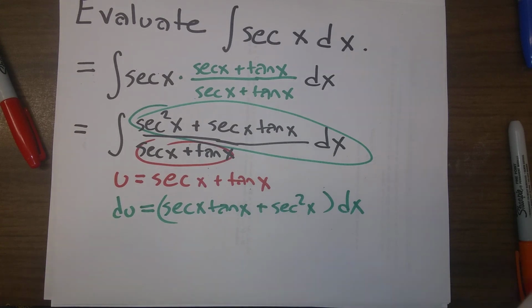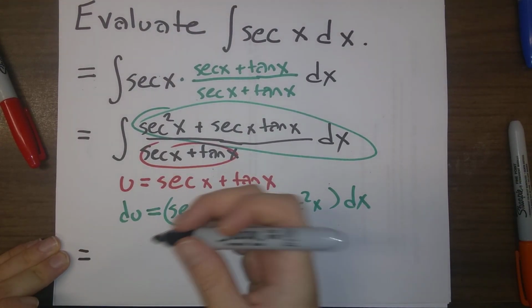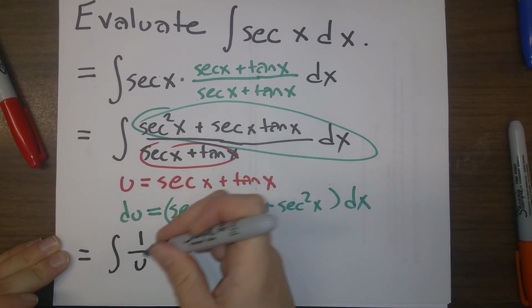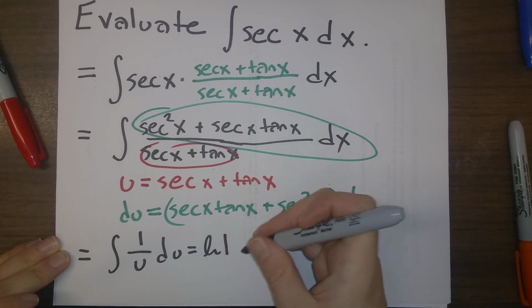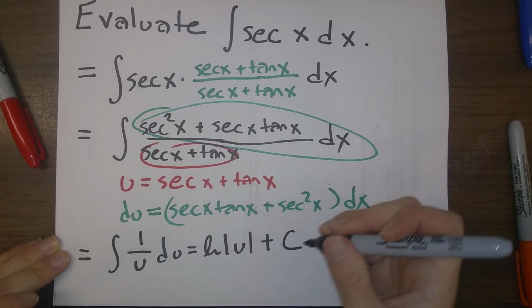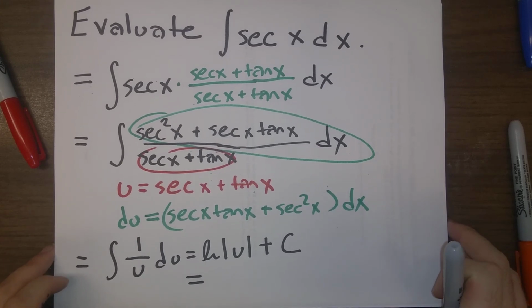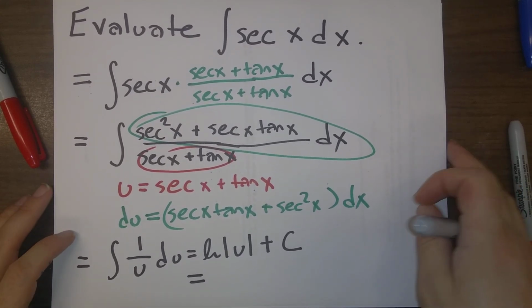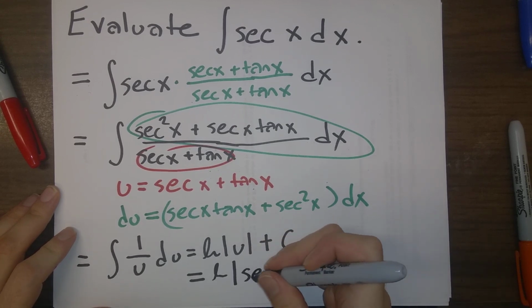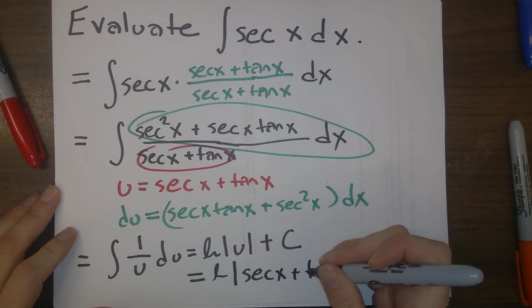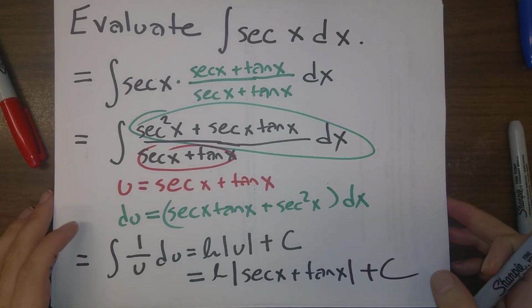So we can say this integral is the integral of 1 over u du, and so we end up with the natural log of the absolute value of u. Of course, just as before, our final step is to substitute back in. Substituting back in gives us the natural log of the absolute value of secant x plus tangent x, plus c at the end.